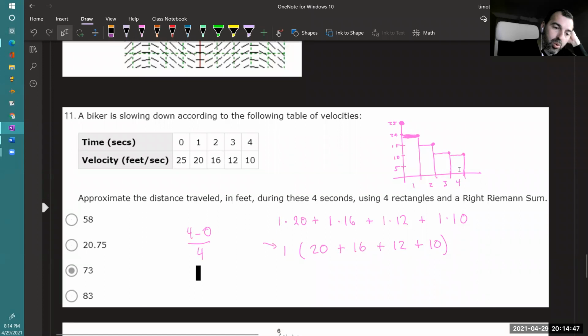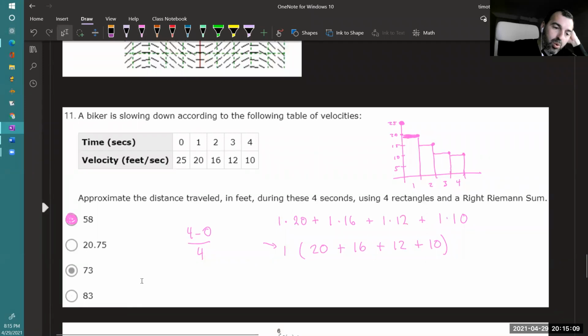This is the upper bound, and this is the lower bound as well. I think that answer is on here somewhere. If I add that in my head, I'll probably mess it up. So 20, 30, 40, 58. There it is, 58. Okay. So there's that one.